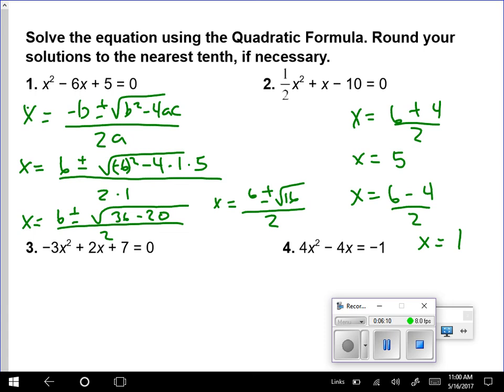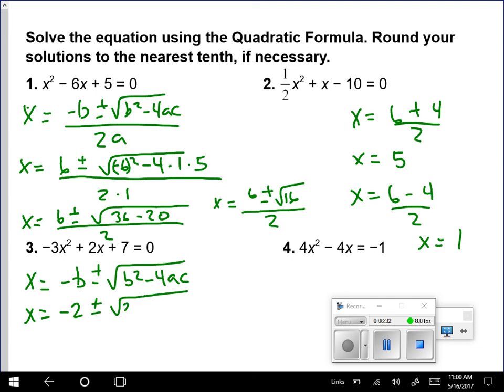Okay, so let's try number 3. Same concept, write out your formula. Negative 2 plus or minus the square root of 2 squared minus 4 times negative 3 times 7, over, oops, almost forgot to write that in the formula up here, 2 times negative 3.